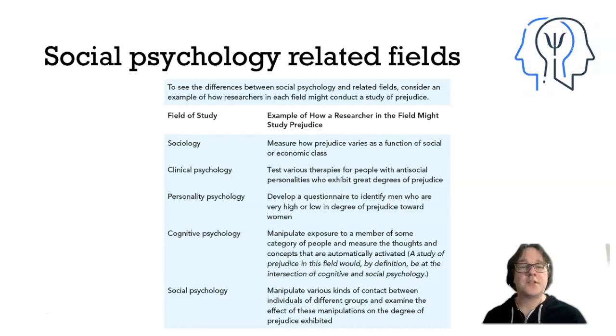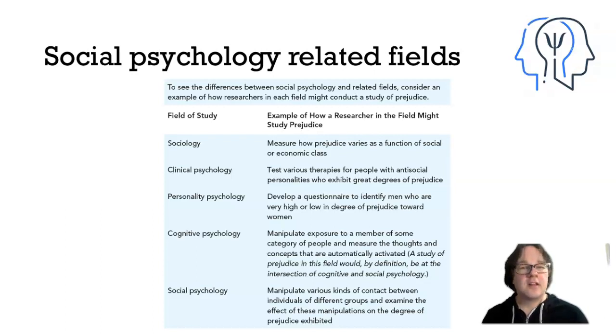Sociologists might measure how prejudice varies as a function of social or economic class, to see whether people from different social or economic classes differ in their levels of prejudice towards a certain group. Clinical psychologists might test various therapies and various treatment options for people with antisocial personalities who exhibit great levels of prejudice.